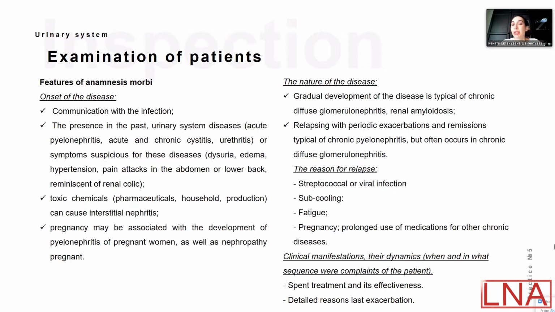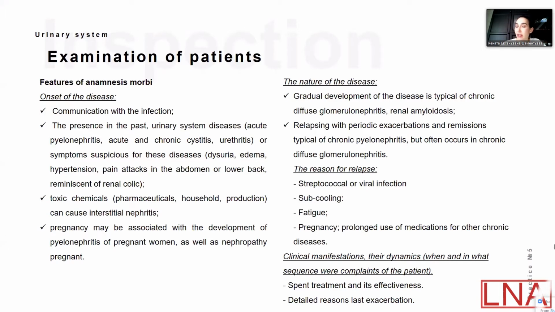Relapsing with periodical exacerbation and remission is typical for chronic pyelonephritis, but often occurs in chronic diffuse glomerulonephritis. The reasons for relapse: streptococcal virulent infection, subcooling, fatigue, overcooling, pregnancy, or prolonged use of medication for other chronic disease which has nephrotoxic action, maybe some antibacterial drugs like aminoglycosides.